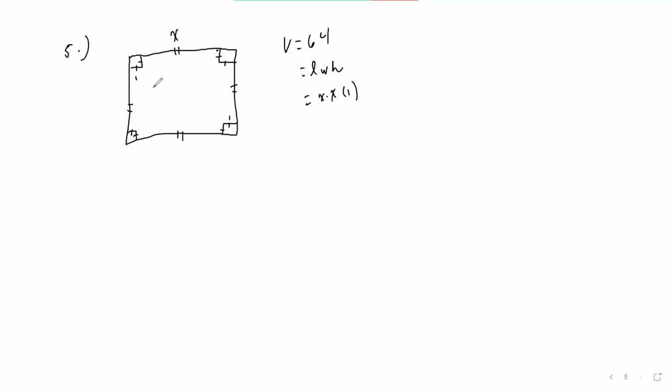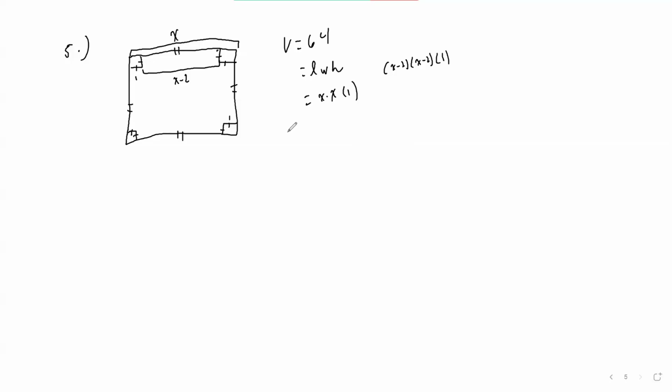I'm curious if we'll get a different answer. So I'm going to go this approach, and I want to go the other approach because I am curious now if the other approach is this one. So if this whole thing is x, then this would be x minus 2. So the other approach is x minus 2 times x minus 2 times 1. I feel that we'll get the same answer.